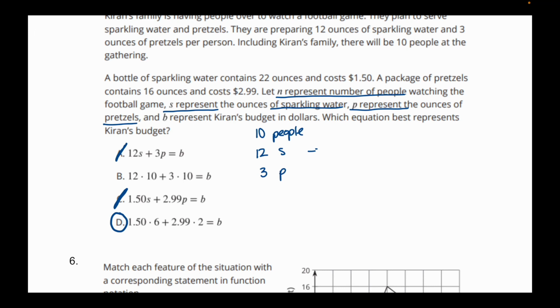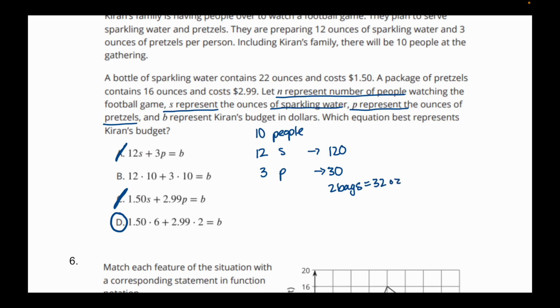That means for those people, that's 120 ounces total, and that is 30 ounces of pretzels total. So for the pretzels, we definitely need 2 bags, and those 2 bags cost $2.99 each, because 2 bags would give us 32 ounces.